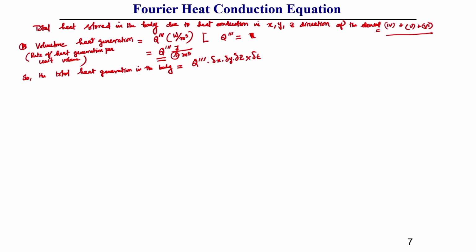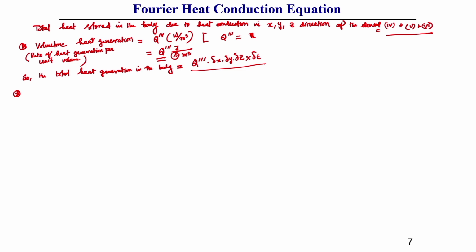Due to heat conduction, whatever heat is stored, similarly this much heat we are applying in the body. By the combination of these two effects, the body temperature generally rises, correct? This small element's temperature rises.